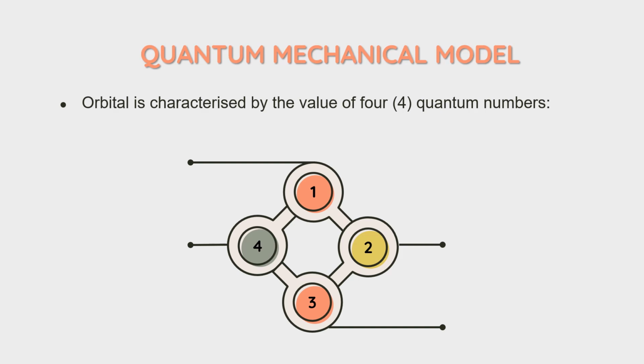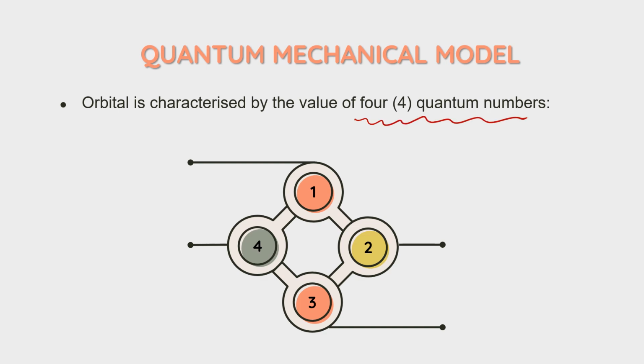Kerana we cannot say that the electron must be found at n equals 1 sahaja. No, that is the Bohr atomic model. According to the quantum mechanical model, there will be a specific region in space where we could probably find the electron. So to know where that region is, we now have to study these four quantum numbers.